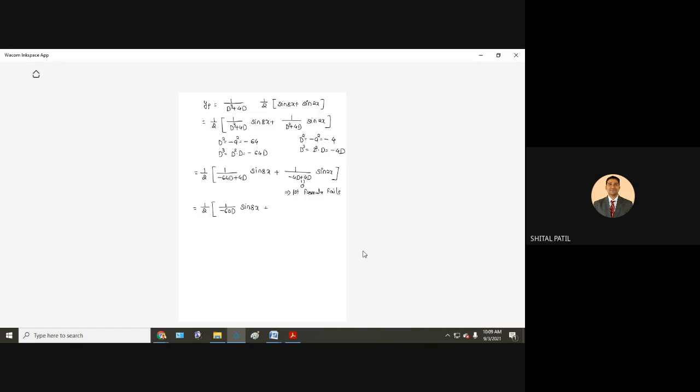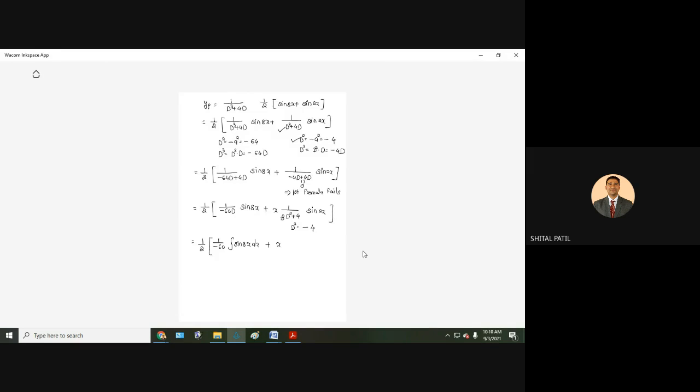Maybe you are understanding it now. So we have to find the derivative of this. Second formula: 1 upon 3D square plus 4. And already we decided what D square is: 1 upon minus 60. And what is 1 upon D? Integration.